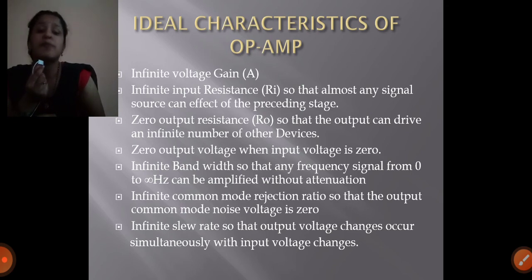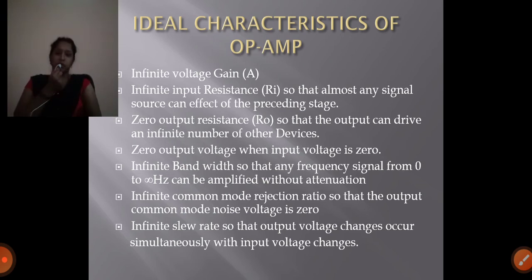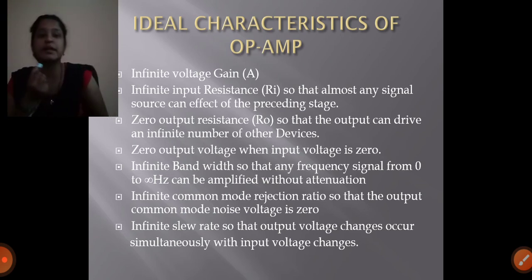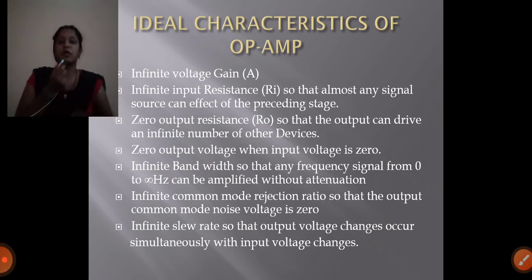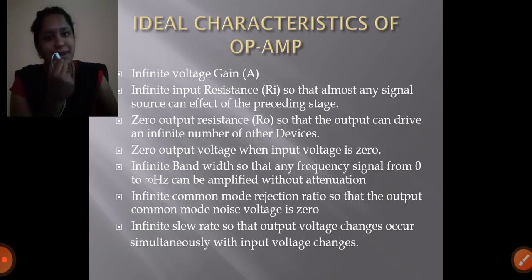Because it is the difference between the two inputs, the inverting and the non-inverting terminal, into the gain. As a practical value it is 2,50,000, an approximation, not a confirmed value. Next, infinite input resistance, so that almost any signal source can be used without being affected by the preceding stage.